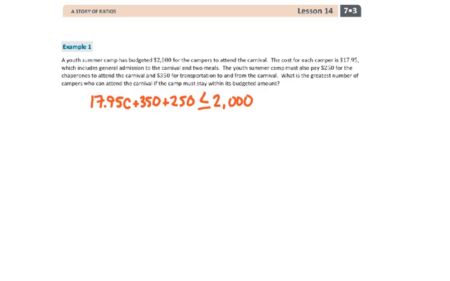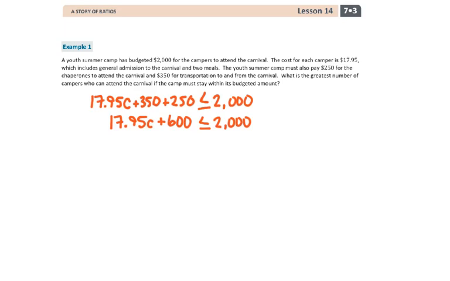So we're going to combine like terms firstly. I'm going to add together 350 plus 250, and that gives me 600. So I'm left with $17.95 per camper plus 600 needs to be less than or equal to $2,000.